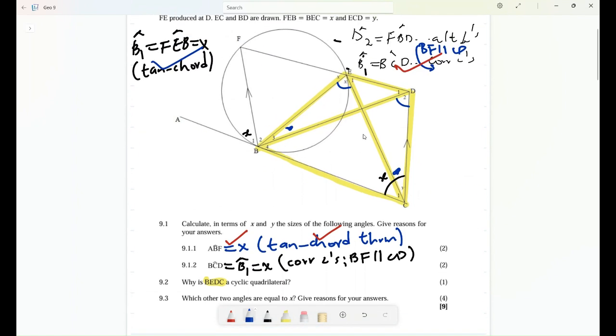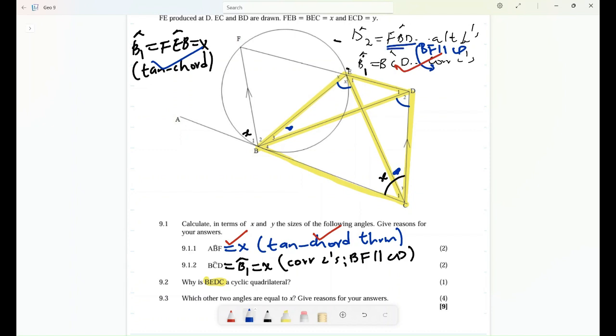Let's see, any property that can work. Yes, all right. I can see the bow tie does not work here because we do not know D2. Well, we do know D2. We can get D2 and say D2 is equal to FBD.